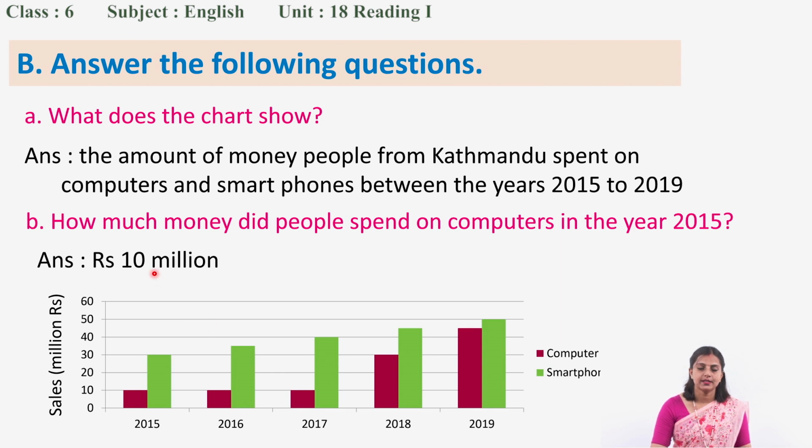So the answer is rupees 10 million. So how will you write that? Of course, yes. People spent rupees 10 million on computers in the year 2015.